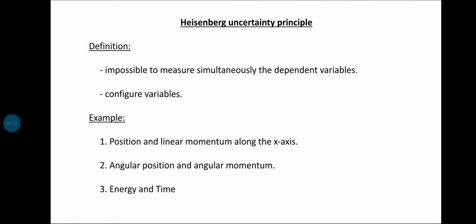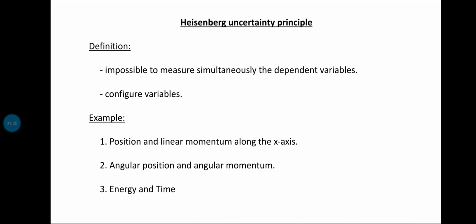According to the definition, it is not possible to measure, at the same time, the dependent variables. You can get information only about one variable, and the information about the other variable you cannot get simultaneously.